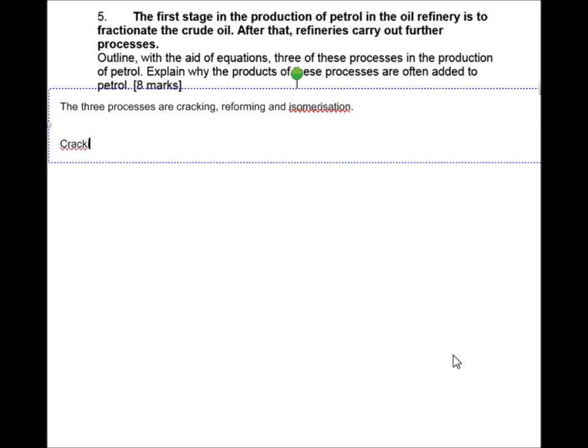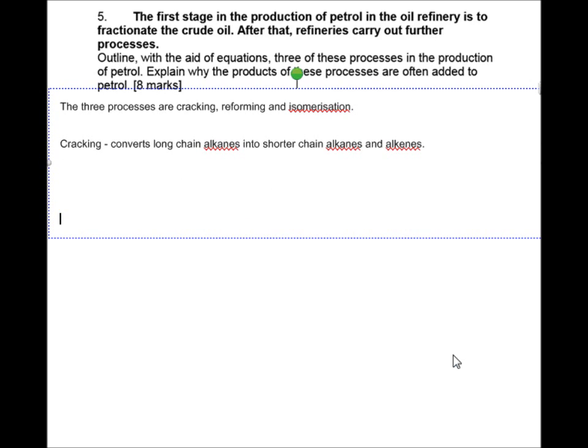So cracking, this converts long chain alkanes into shorter chain alkanes, and you also get an alkene produced as well. So that will get you a mark.